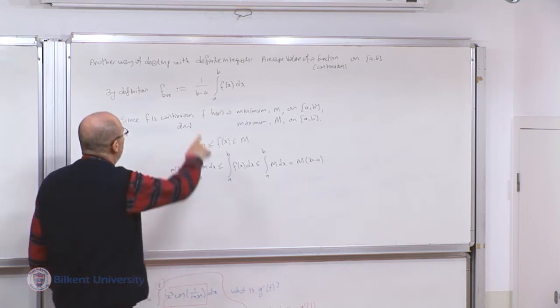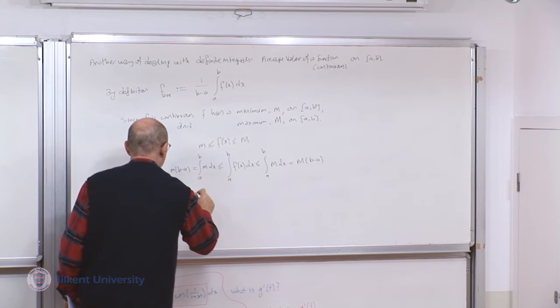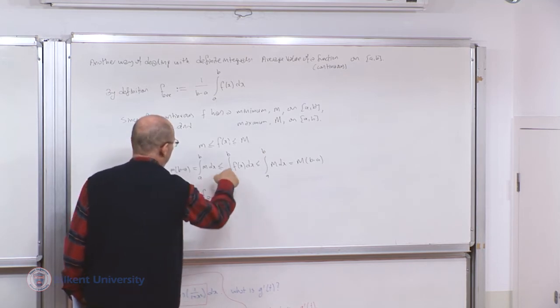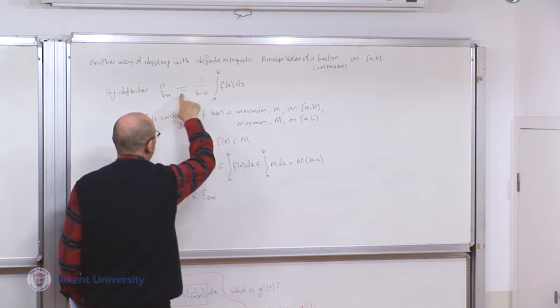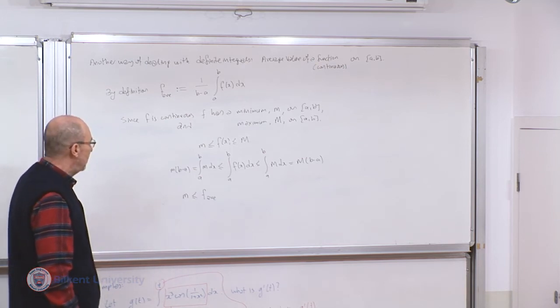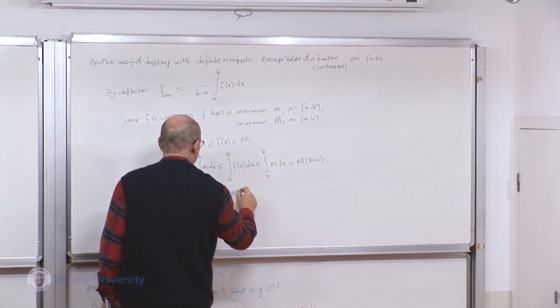I'm dividing everything by b minus a, so I have m less than or equal to f average. When I divide this by b minus a, I get this, and we agreed that instead of writing all that crowded thing, we write this simple notation. This is less than or equal to M.